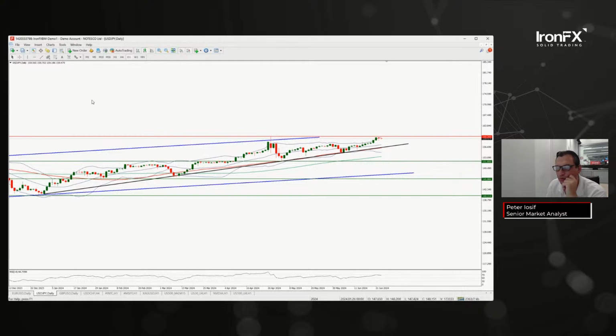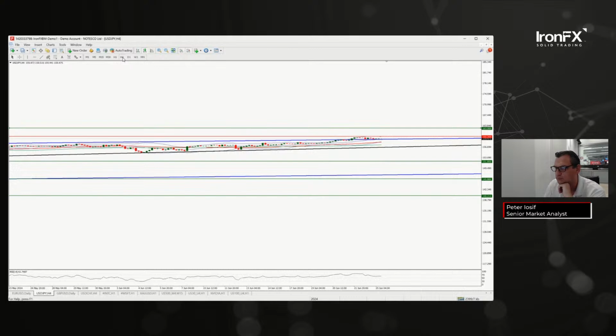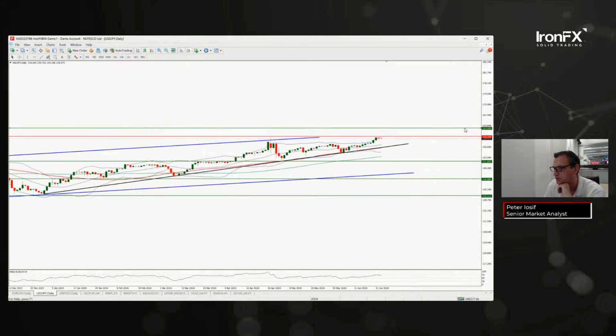On the top, I would be placing resistance levels at 161.5. Daily chart.